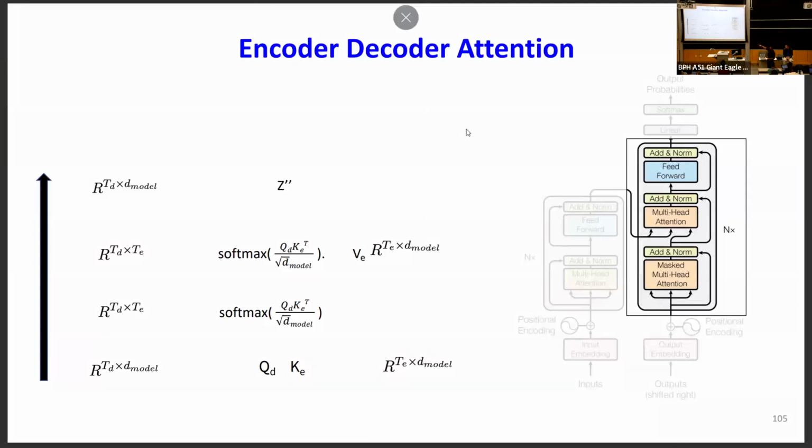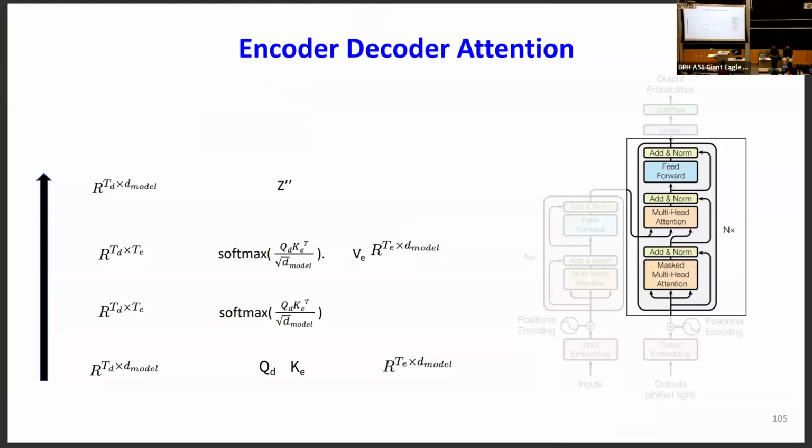When you perform the product, with a transpose, you get an output of TD times TE. That attention filter tells how much each term of the decoder needs to pay attention to each term of the encoder. Then you multiply it with the values, and eventually you get rid of the encoder dimension in your final attention output.